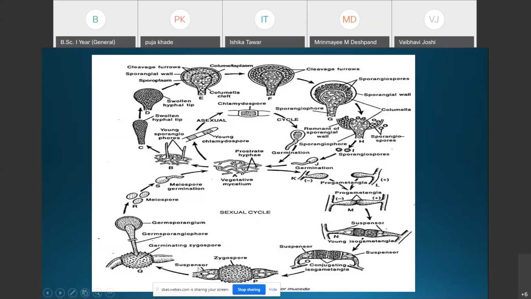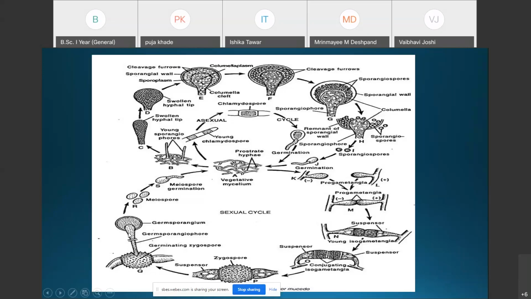The diploid nuclei in the zygospore undergo meiosis, and a large number of haploid nuclei are formed. Then the exospore ruptures, and the endospore forms the thin tube-like structure called the sporangiophore.